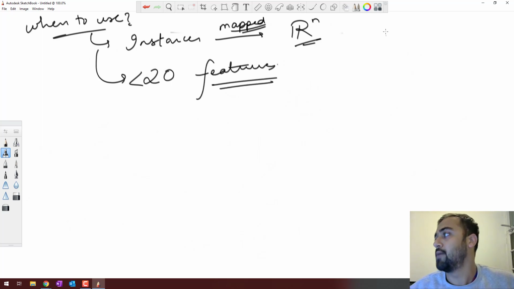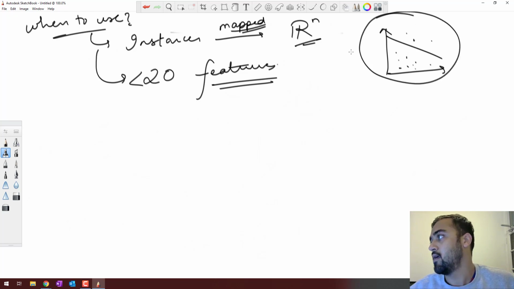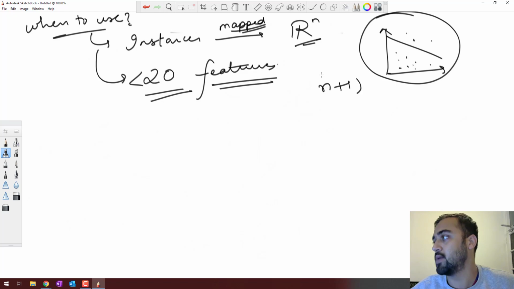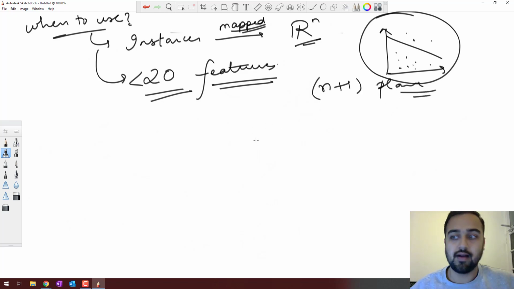because when we are calculating with two features or one feature, we're just using a 2D plane. But if we have more features, we would have to use an n plus 1 dimensional space, and that would lead to tougher calculation of distances and longer processing time.